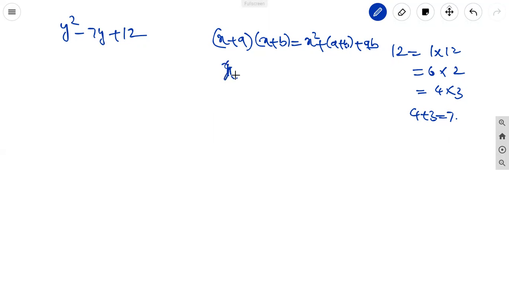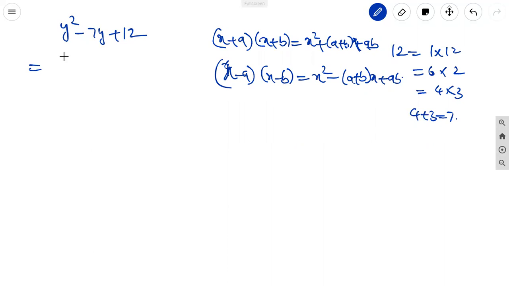Here (x minus a) into (x minus b) equals x square minus (a plus b) into x plus ab. We can write that also. Why? Because minus into minus is plus ab; x square and ab both have positive terms, and the x term is negative when a and b are negative.